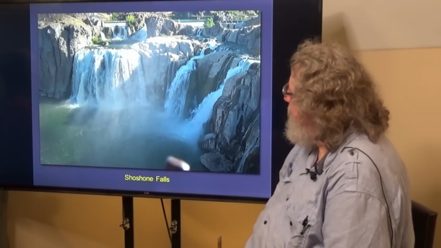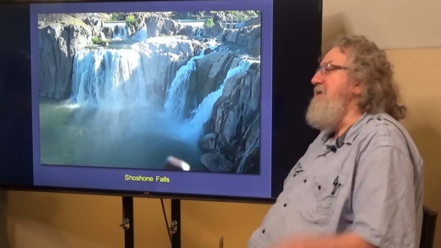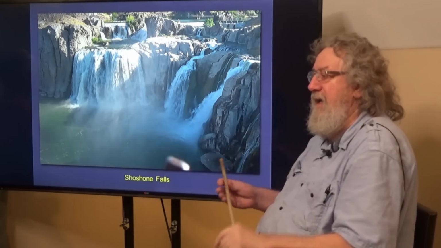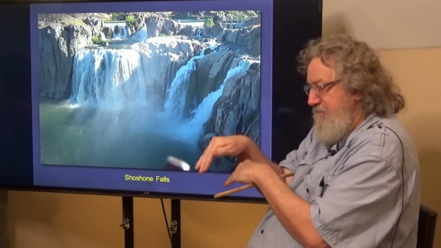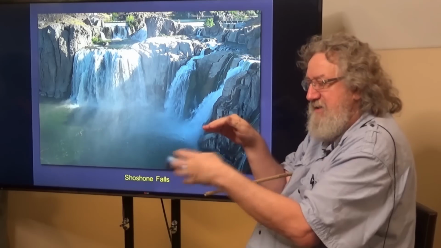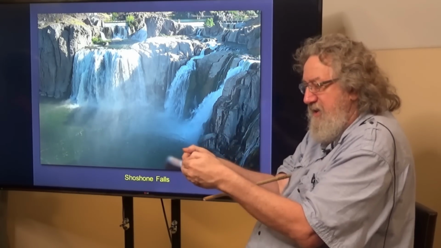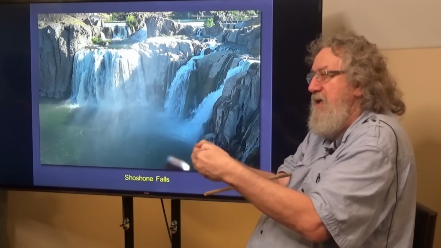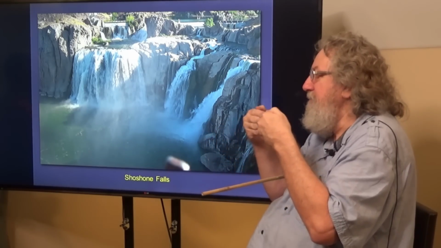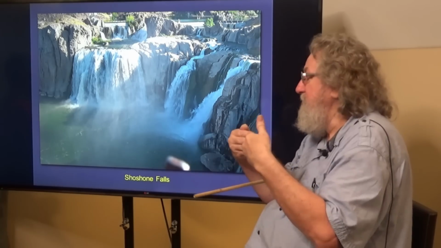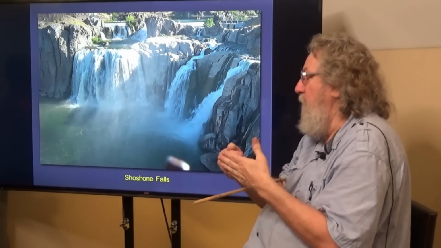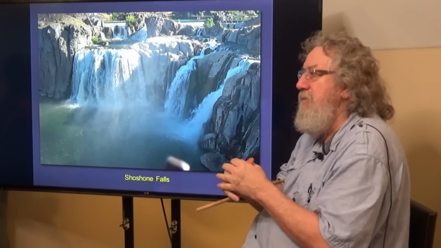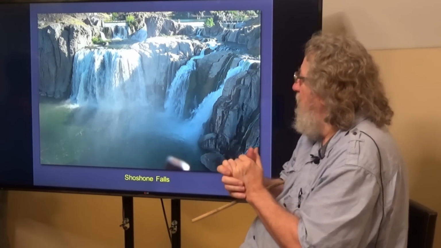And this is a photograph of Shoshone Falls. What happens is as the waters of the flood come through, they will pluck rocks, and as the water flows over the rim, it'll continue to pluck rocks and erode material, and so it creates a cataract, and then as the water flows over, it eats the cataract upstream, and will continue to do so until the force of the water declines to the level which can no longer quarry the rocks, or the flood ceases altogether.